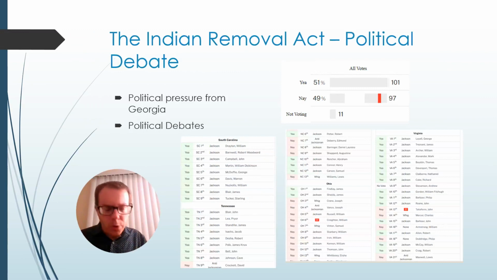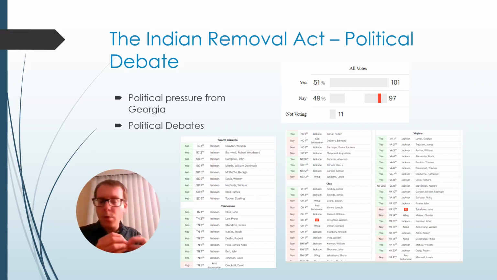So Andrew Jackson, as a strong supporter of removing Native Americans from their land, seeks to adopt this very extreme view to authorize states to expel Native American nations. And so he supports and encourages the passage of the Indian Removal Act in 1830, one of the key parts of his presidency, shortly after he takes office.